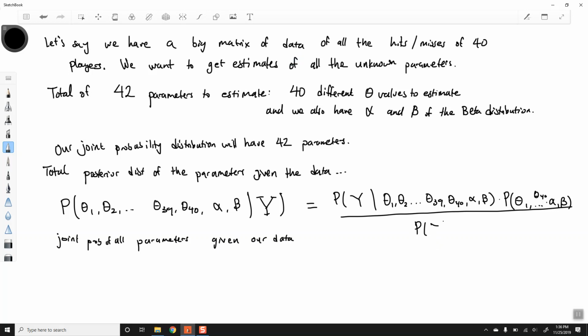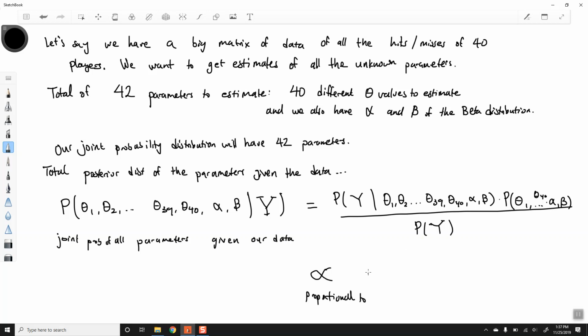the marginal, okay? And we're going to just ignore this, and we'll ignore the marginal, and we'll say it's proportional to the joint distribution of everything.